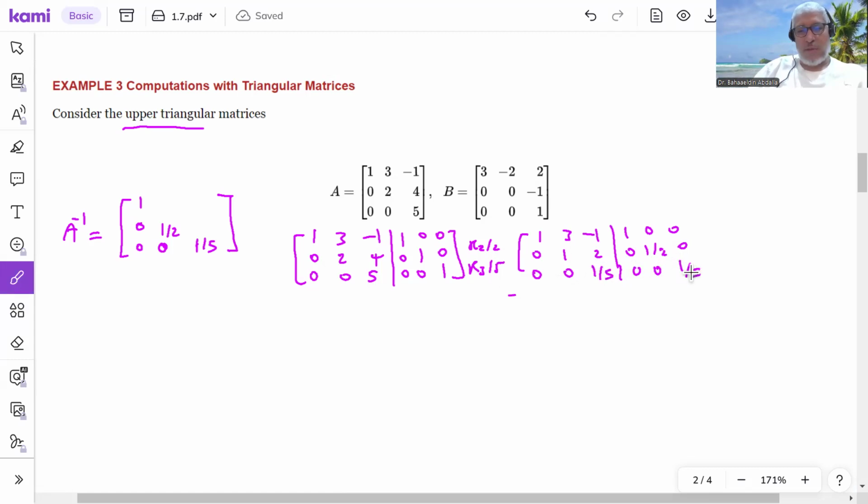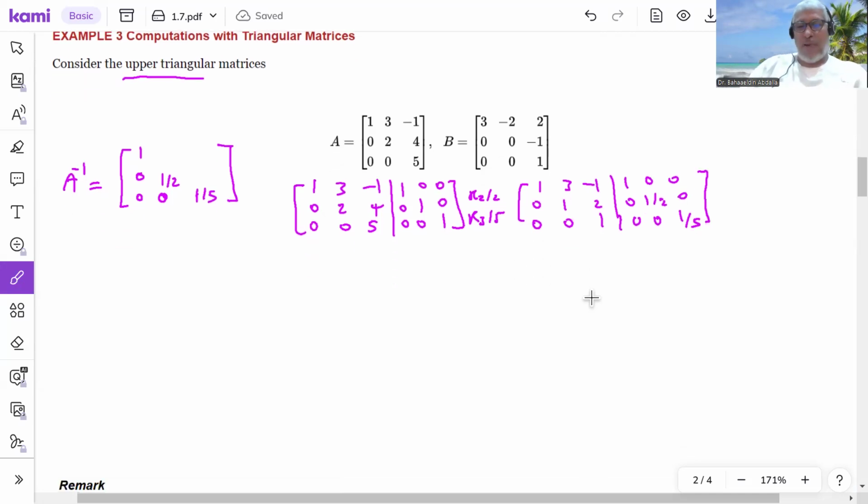When I divide 5 by 5, the answer should be 1. Good. So I divided the second row by 2 and the third by 5 at the same time. Now I have 1 here. I'll use it to make this 3 a 0. So negative 3R2 plus R1.